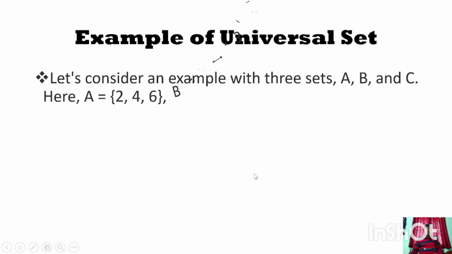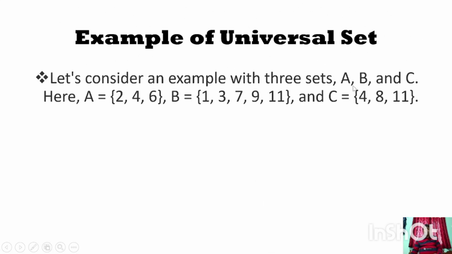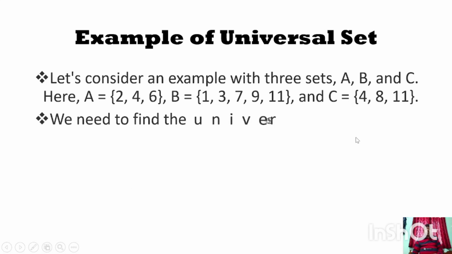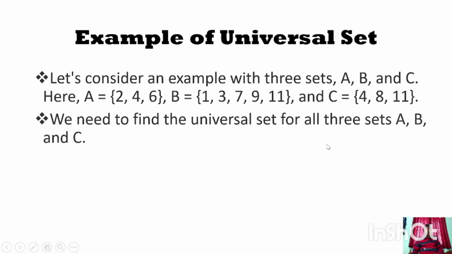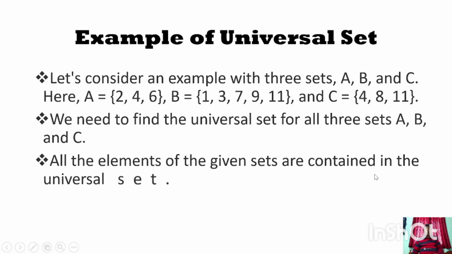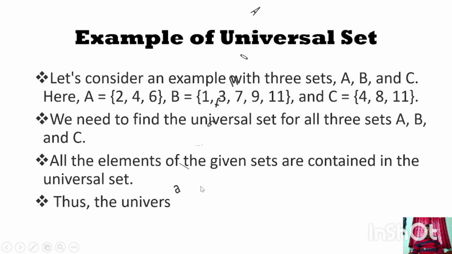See an interesting example for you here. Let's consider an example with three sets A, B, C given. A is a set with elements 2, 4, 6, and B has elements 1, 3, 7, 9, 11. C is the set 4, 8, 11. Can you make a universal set? We need to find the universal set of all the sets A, B, C. All the elements of the given sets are contained in the universal set as per the definition.